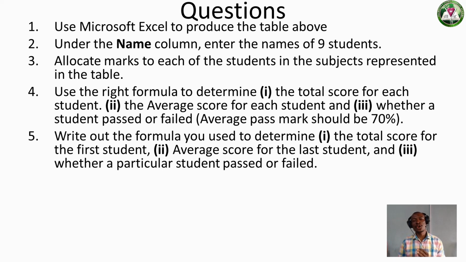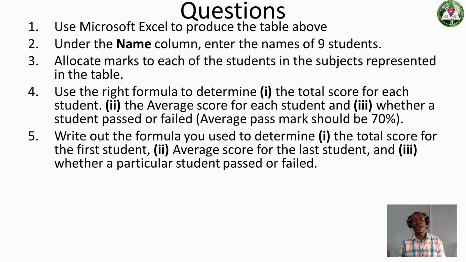II, average score for the last student. So the person whose name is at the bottom line, the last name there. What formula did you use to achieve or get the average score of that person?